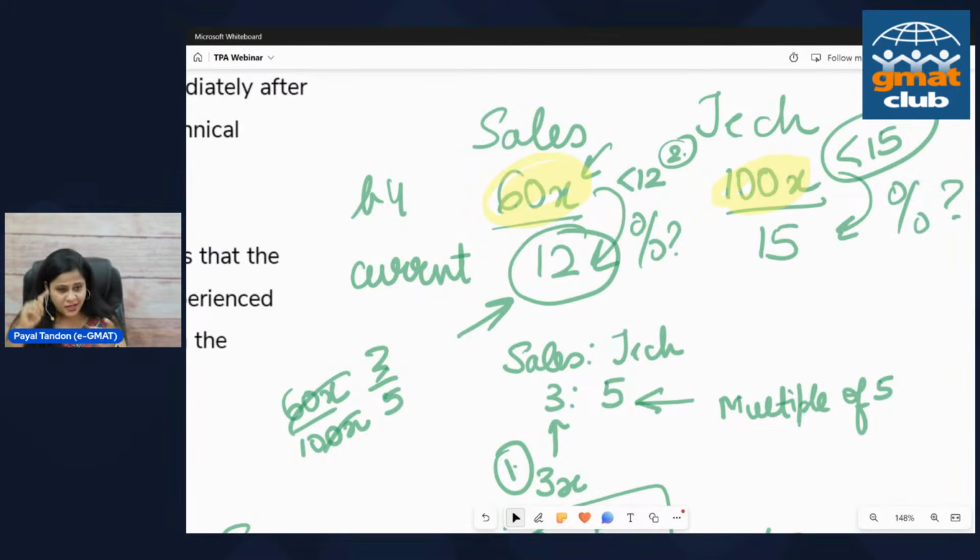Now let me see, there is another inference: 60x has to be less than 12, and 100x has to be less than 15, right? So I can now narrow down my options. Instead of 3 different options, I have only 2 options. Now I see how the percentage increase or decrease is going to work. Is that helpful?